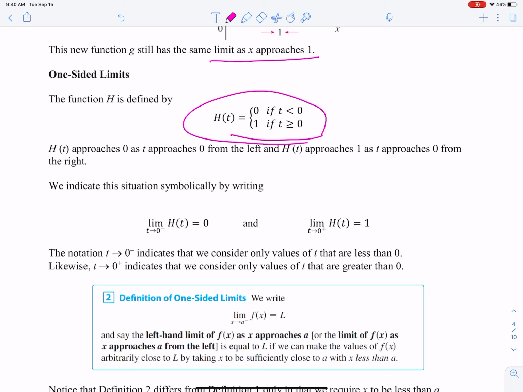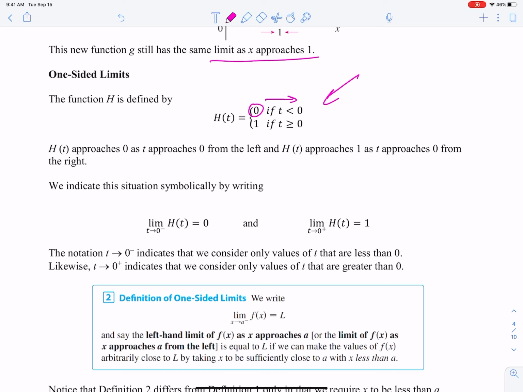equal to 0. So if we look at the limit of this function right here, if we're approaching, so less than 0 means from the left, then the limit is definitely going to be 0. Because remember, we're not concerned with what's happening at x equals 0.